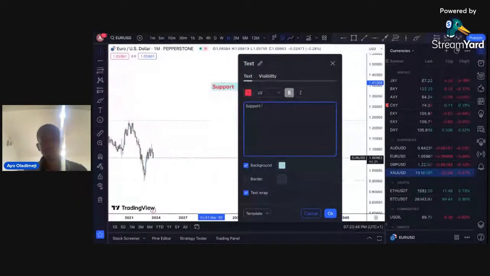So what is a support? A support is the floor of the price of a currency pair, where price mostly reverses upwardly.